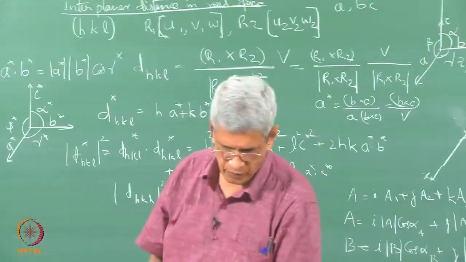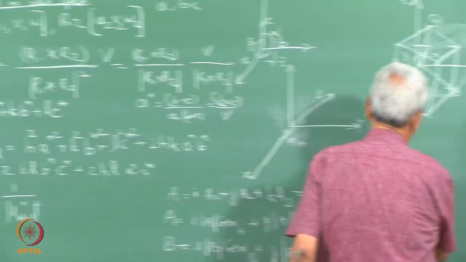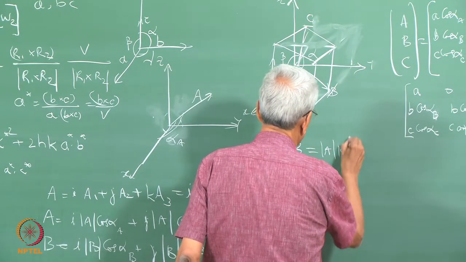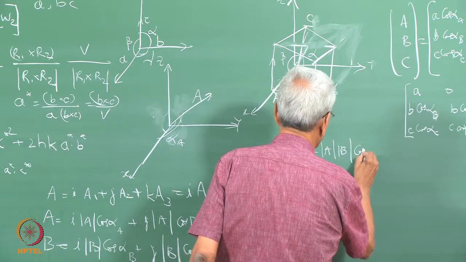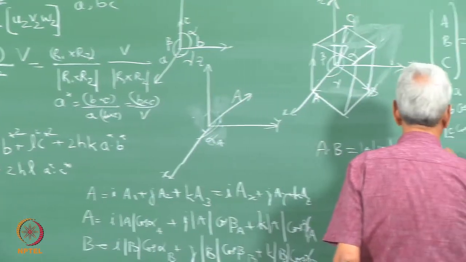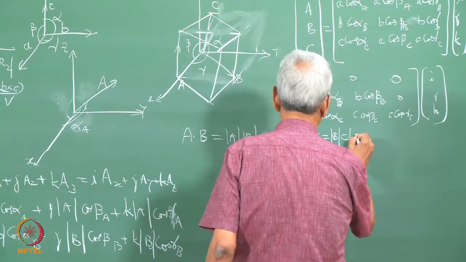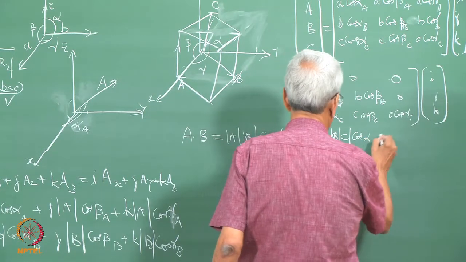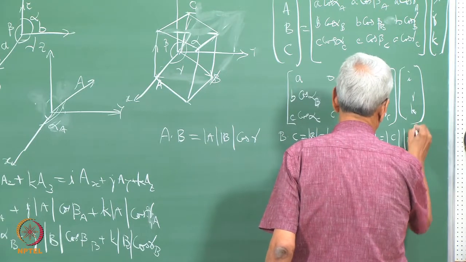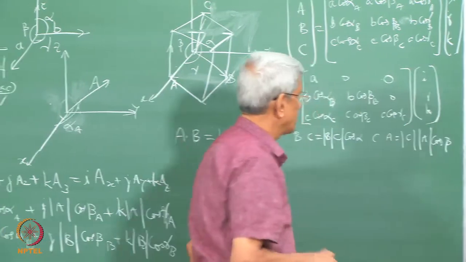Now, we know that A dot B will be equal to modulus of A into modulus of B into cos gamma, correct. Similarly, B dot C equals modulus of B into modulus of C into cos alpha, then C dot A equals modulus of C into modulus of A into cos beta.